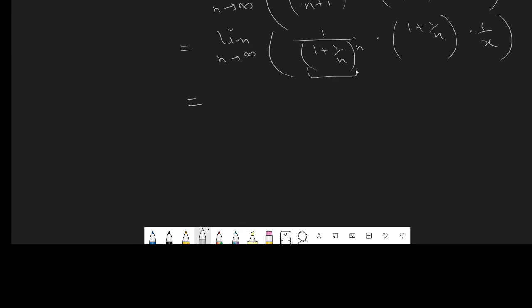So this tends to e, so it will be 1 by e, and 1 by n tends to 0 as n tends to infinity, so this whole tends to 1, and there we don't have n, so it will be 1 by x. So the output will be 1 by ex.